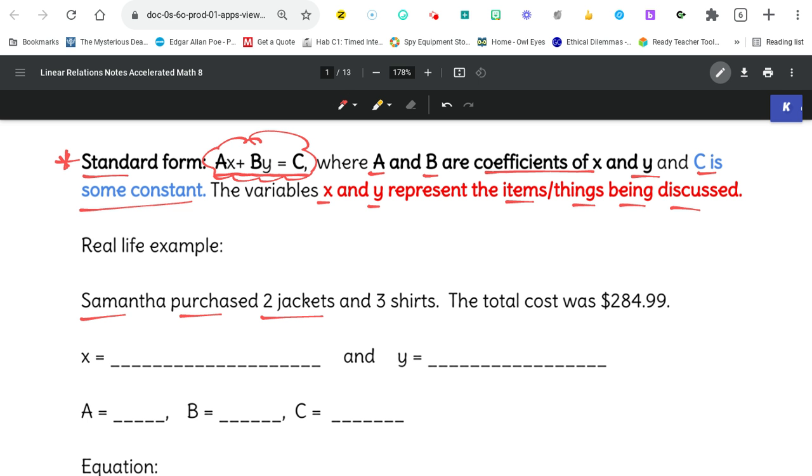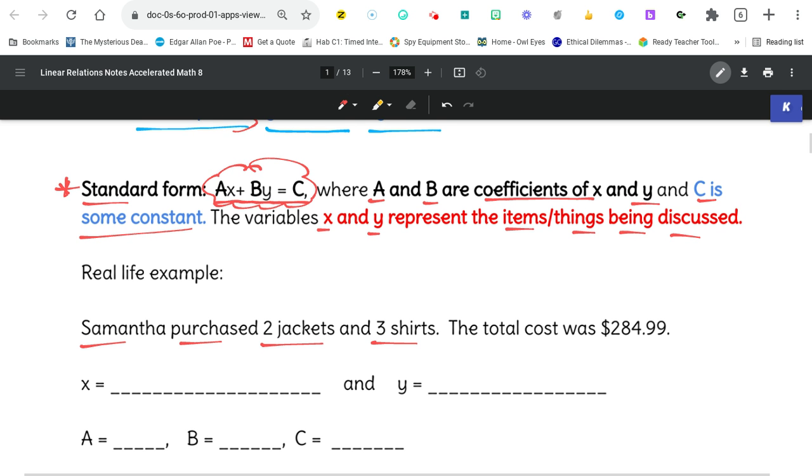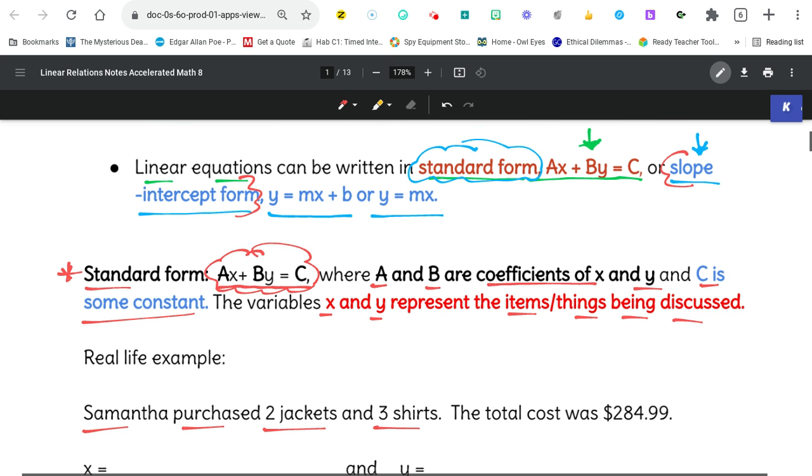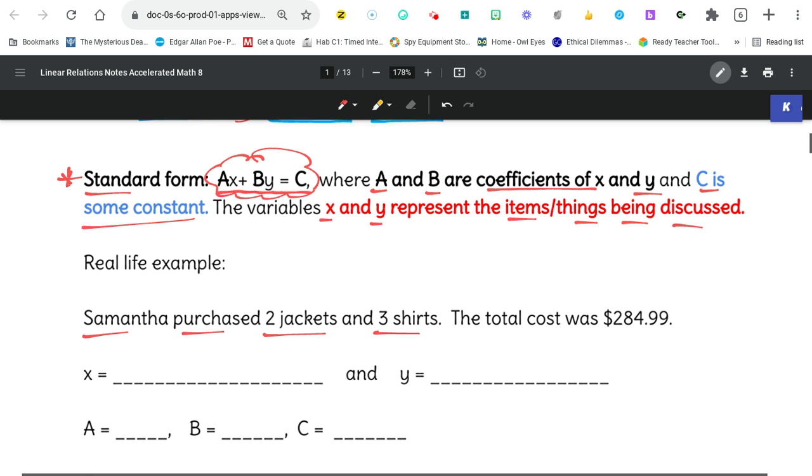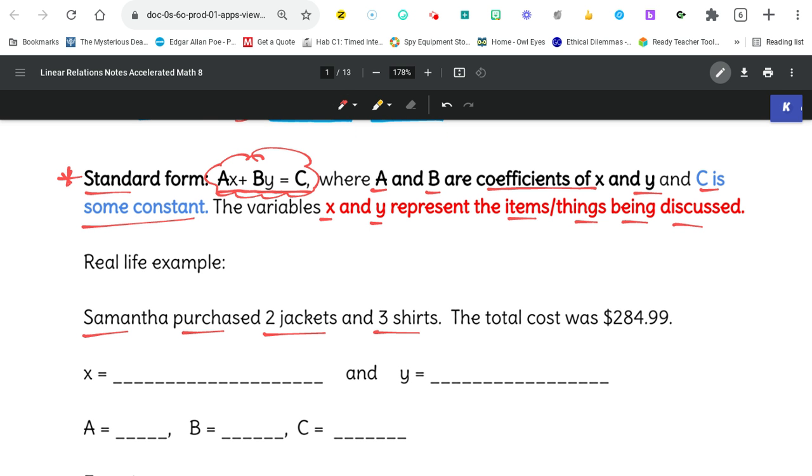Samantha purchased 2 jackets and 3 shirts. Okay. So remember when I said A and B are coefficients of X and Y? If you go back up here, it says they're coefficients, but then you have to look at X and Y. X and Y represent the items or things being discussed.